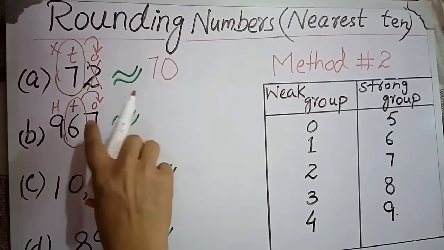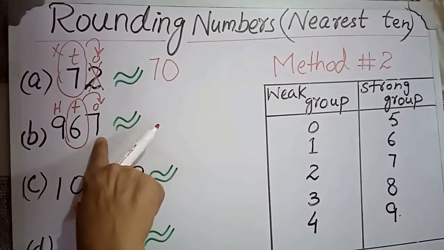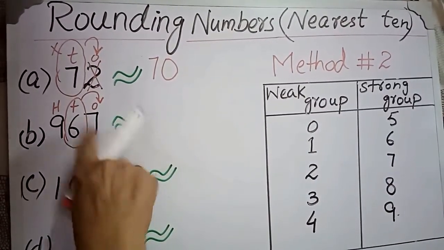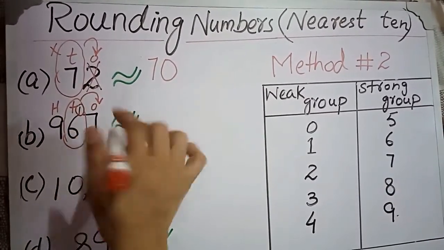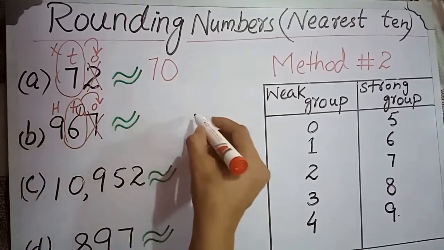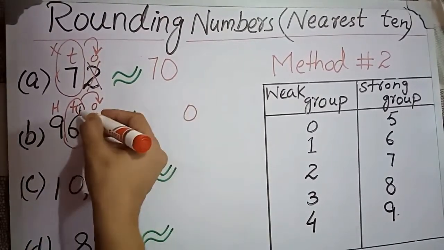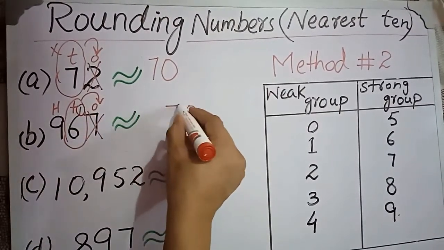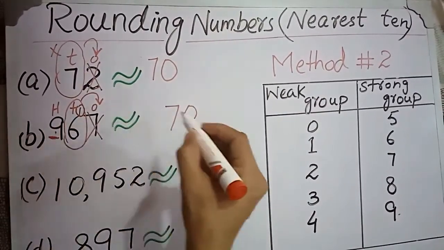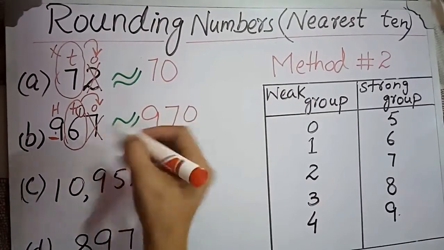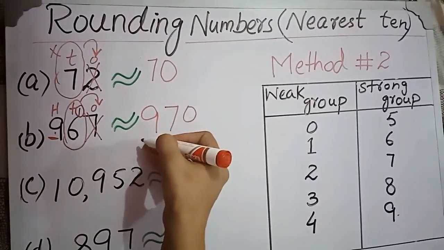That's why, if we have a strong digit, we have to add 1 to the tens place. The 7 will vanish and become 0, and 1 plus 6 will be 7, and this 9 is a constant number, so it will remain the same.